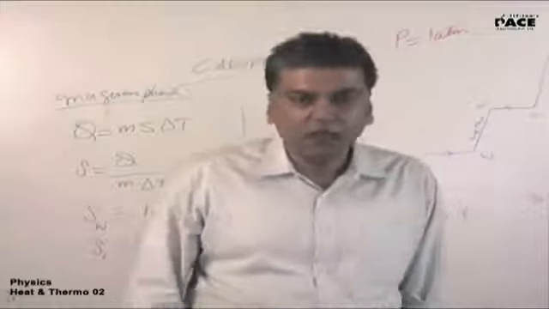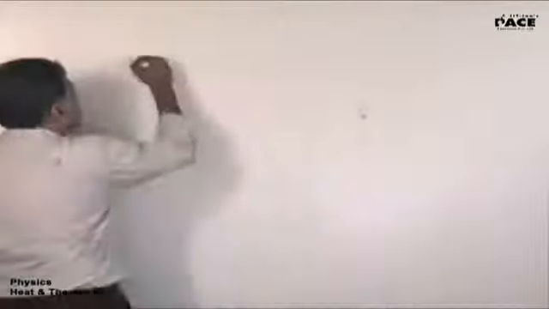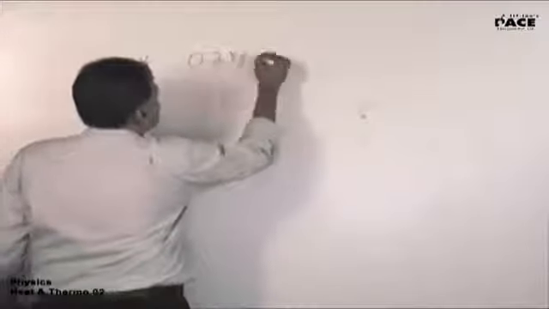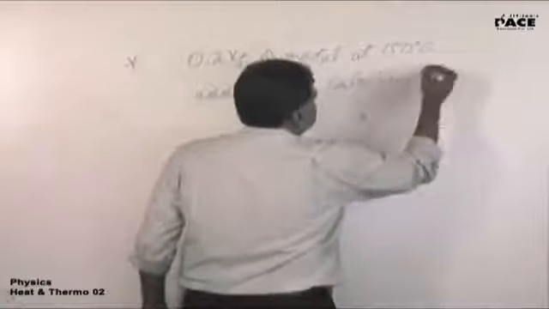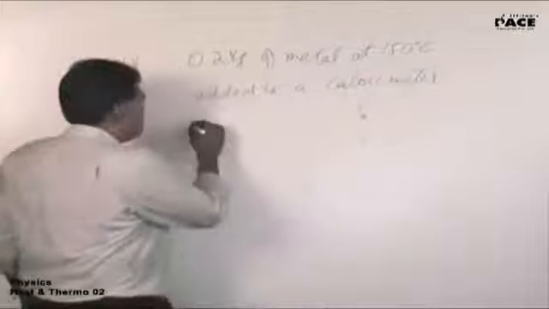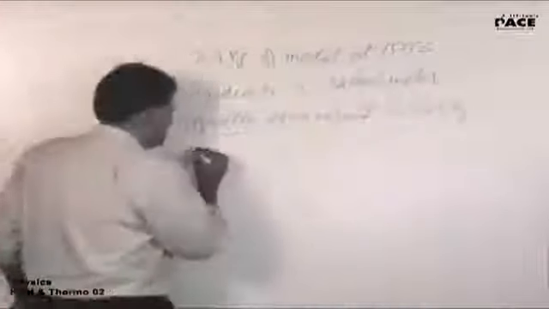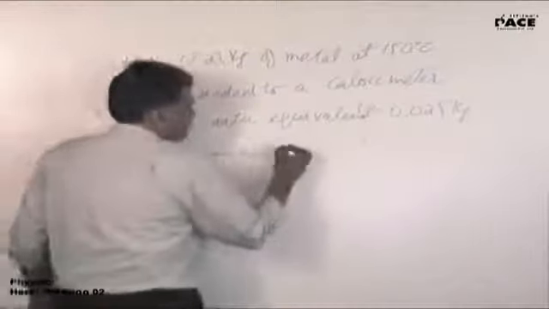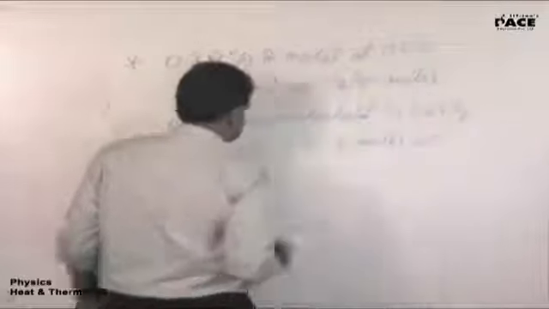Well, that's the idea. So let's do the first question pertaining to this. Note down: 0.2 kg of metal at 150 degrees centigrade is added to a calorimeter of water equivalent 0.025 kg containing 150 cc of water at 27 degrees centigrade.